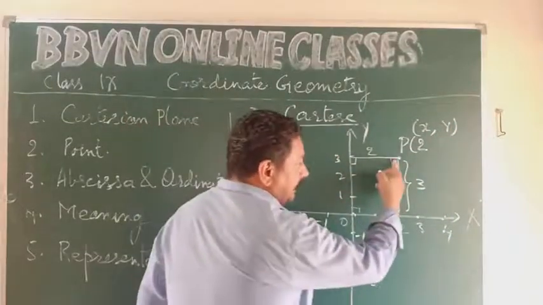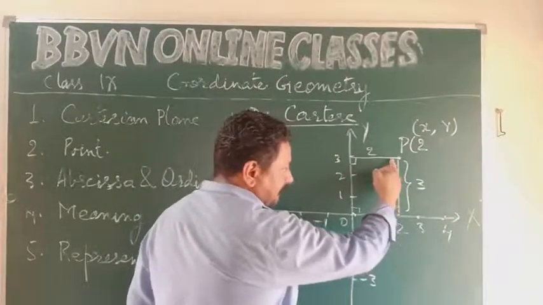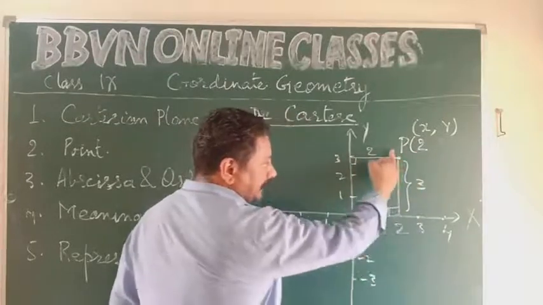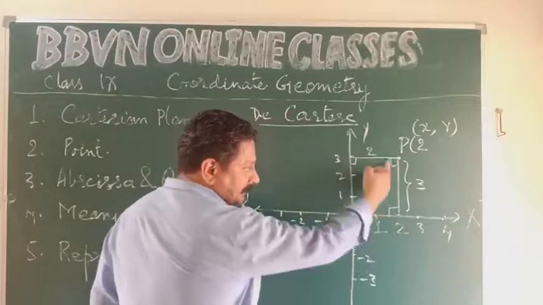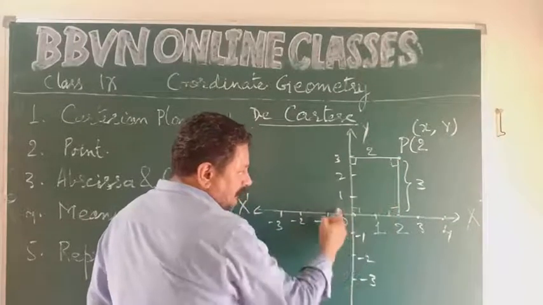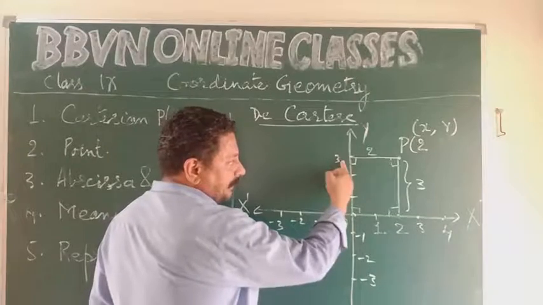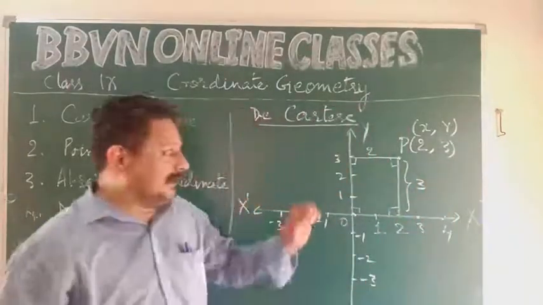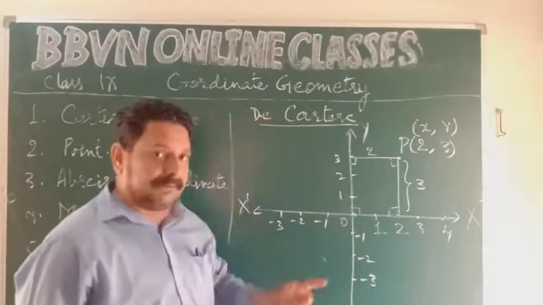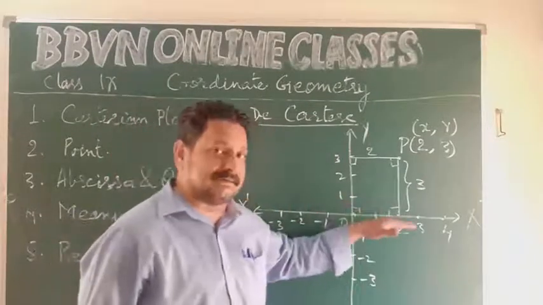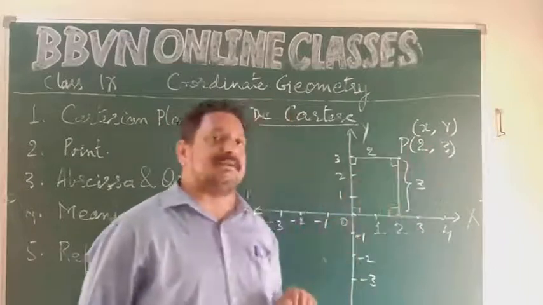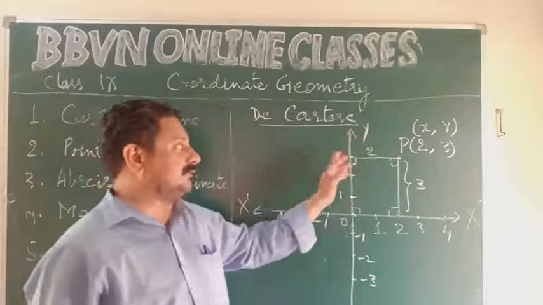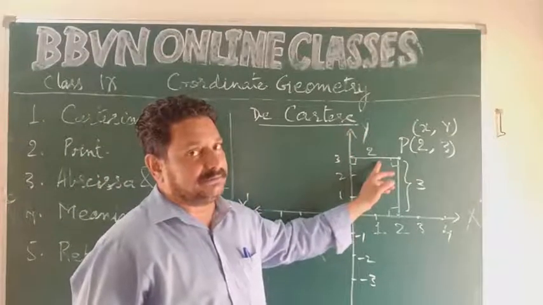The perpendicular distance of the point from the y-axis is 2 units. That is the x-coordinate. The perpendicular distance of P from the x-axis is 3 units. Where does this 3 come in? It comes as the y-coordinate, right? So the y-coordinate is 3. Again I am saying, the perpendicular distance of a point from the x-axis will give you the y-coordinate of the point, and the perpendicular distance of the point from the y-axis will give you the x-coordinate of the point, right?